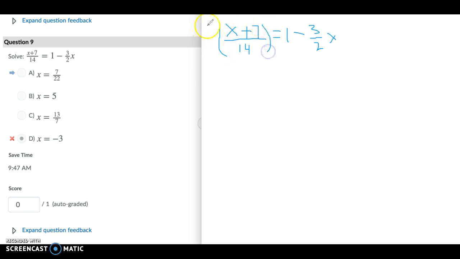So if I multiply this whole side by 14, I can't do anything with this x until I get rid of the 14. So if I do that, then I'll end up with x plus 7 over here. But if I multiply that by 14, I need to multiply this side by 14 as well.